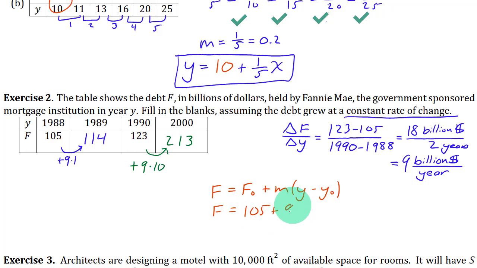The slope is $9 billion per year. So plugging all that in gives you this formula. If you plug in y equals 1,989, you can check that it will give you a result of 114. And if you plug in y equals 2,000, you can check that it's going to give you a result of 213. So that's the other way to approach it. If you don't want to just add the amount that the debt increases, you could do the same thing basically, but using this equation.